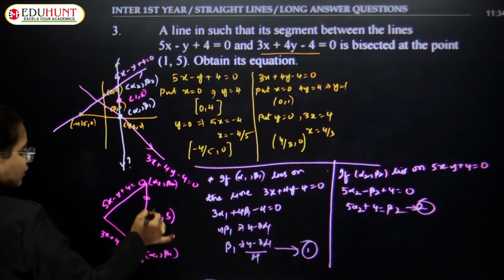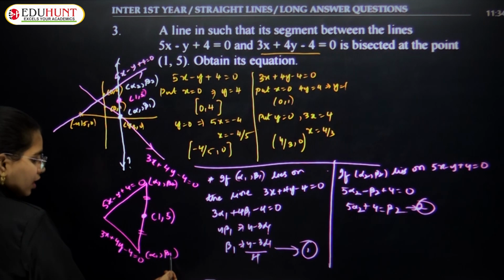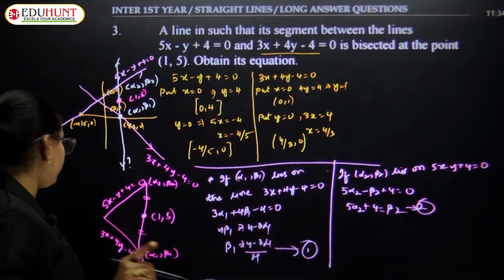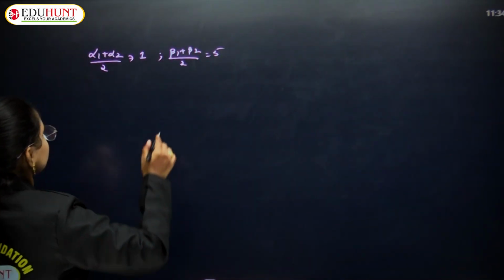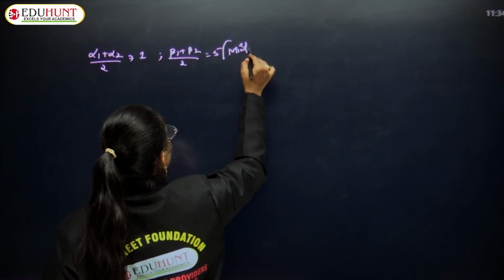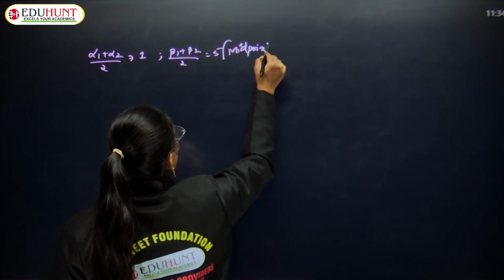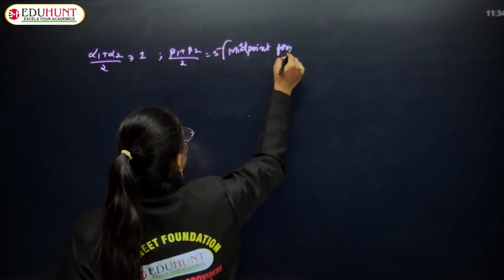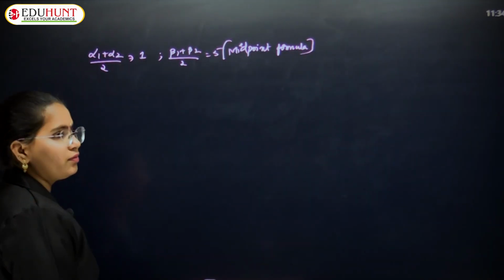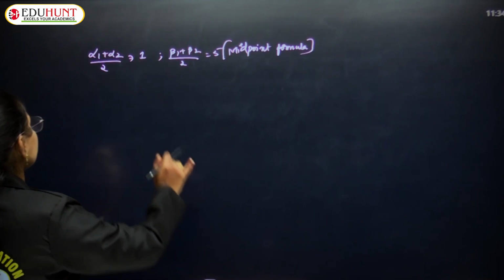Alpha 1 plus alpha 2 by 2 is equal to 1. Beta 1 plus beta 2 by 2 is equal to 5, by using the midpoint formula, right? Mention in the bracket: midpoint formula. Correct.